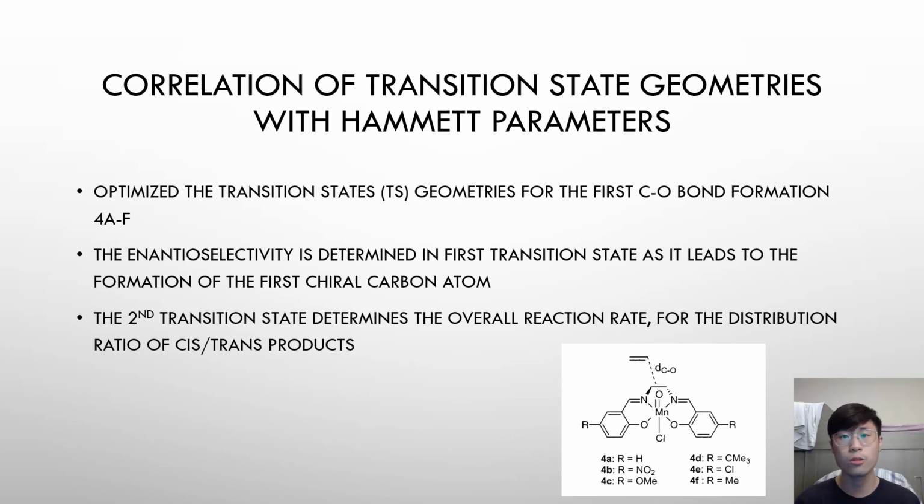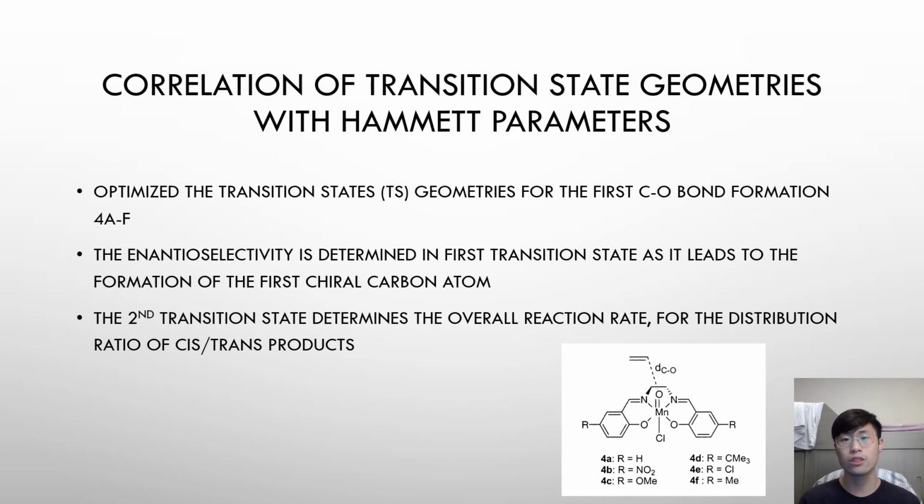In these slides, I will talk about the correlation of transition state geometries with Hammett parameters. In the paper, they also optimized the transition state geometries for the first C-O bond formation, 4A to F, which are shown in the figure below. The epoxide formation is expected to proceed through first and second transition states, which correspond to the formation of the first and second C-O bond.